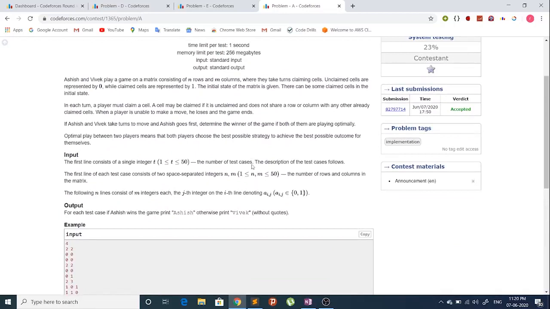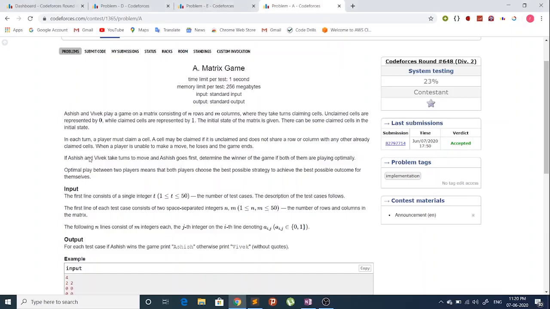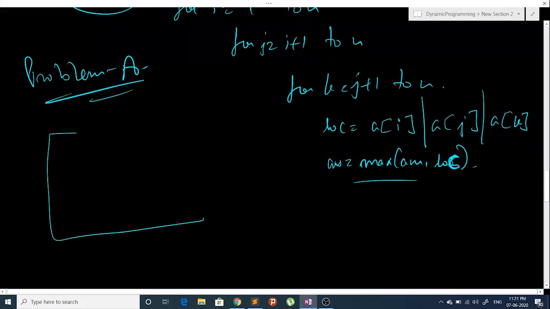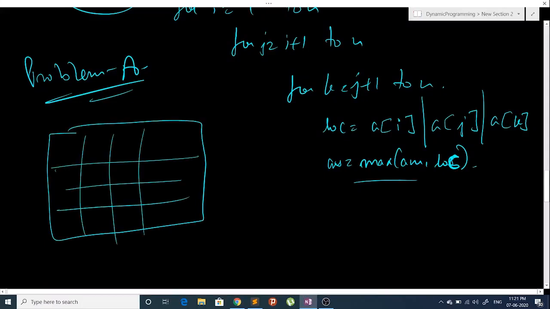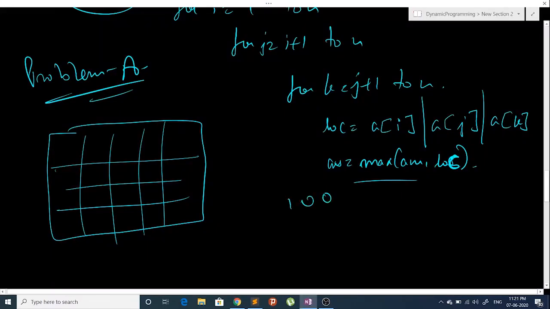So this is a pretty easy problem, guys. What we can do is just mark -1 if I can't claim a cell. For example, if my initial array was like this, let's check this array: 1 0 0, 0 0 0 and 1 0 0.